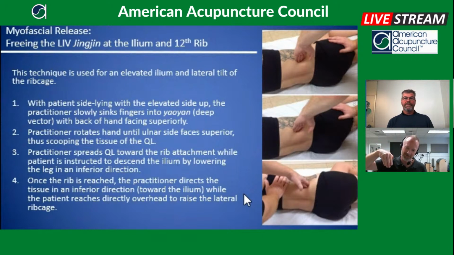You can angle your finger once you get a really deep contact there and kind of engage the tissue. You can angle that pressure up towards the 12th rib and have the person reach their leg down to bring the hip down. So their thigh, you can't see it fully in this image, but their thigh is in line with their torso.